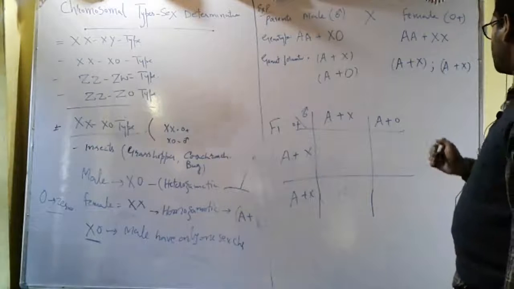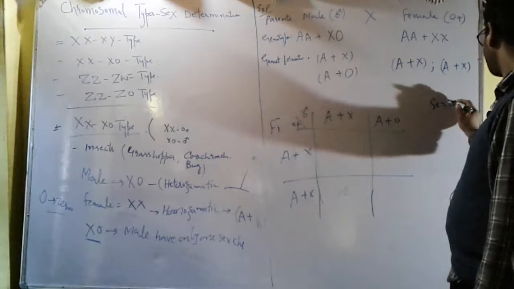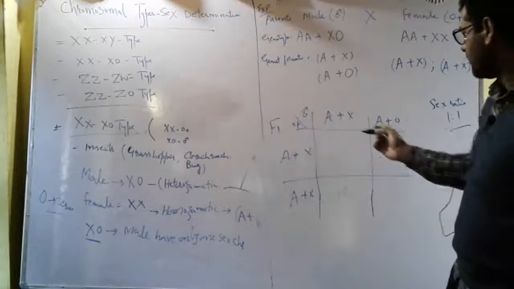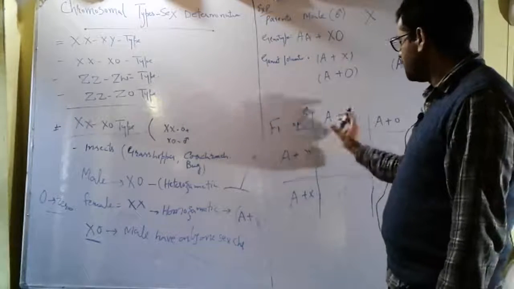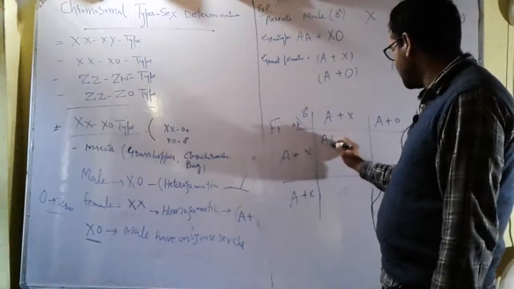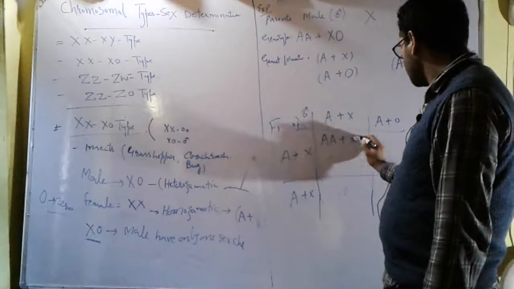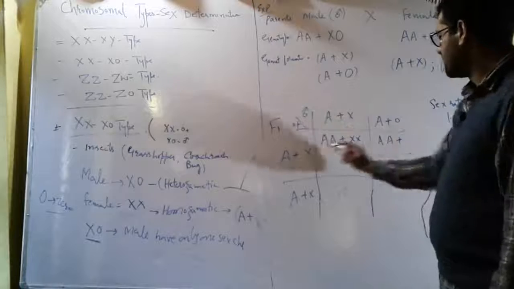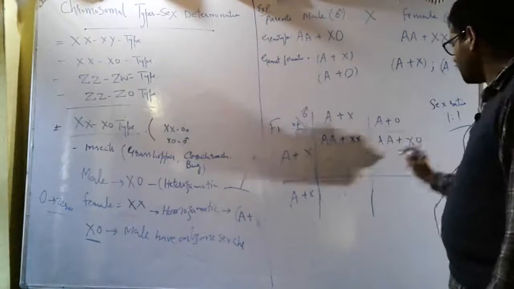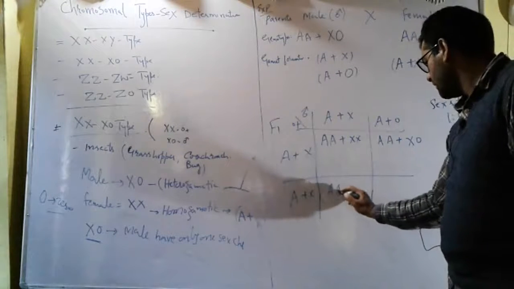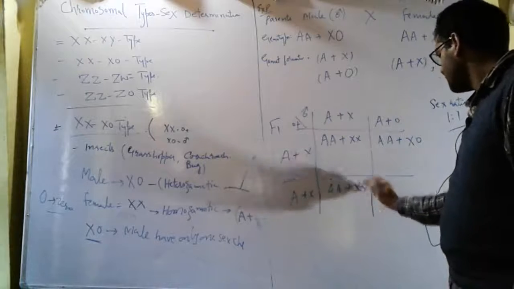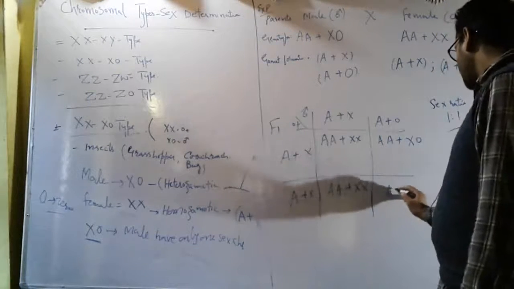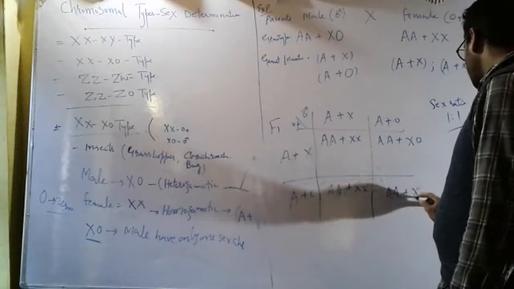The sex ratio is 1:1. There is a fusion of male and female gametes giving AA plus XX, AA plus X0, AA plus XX, AA plus X0.